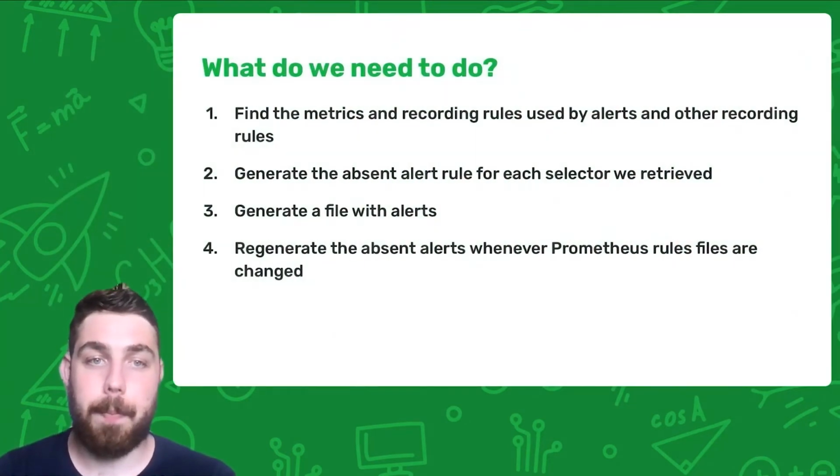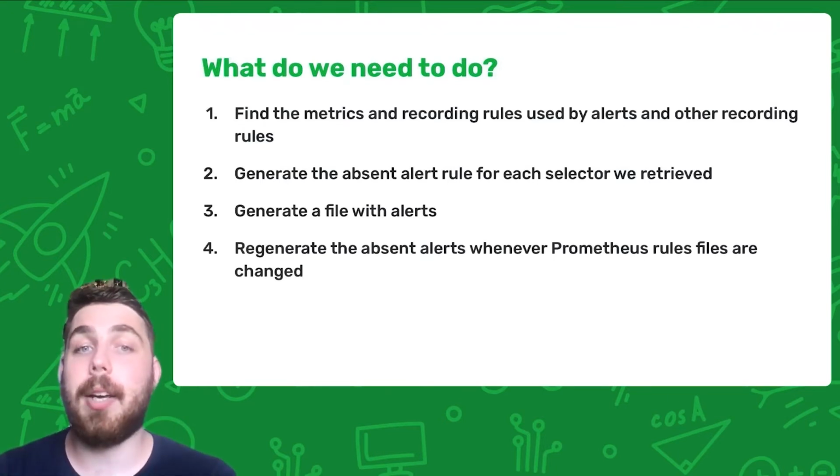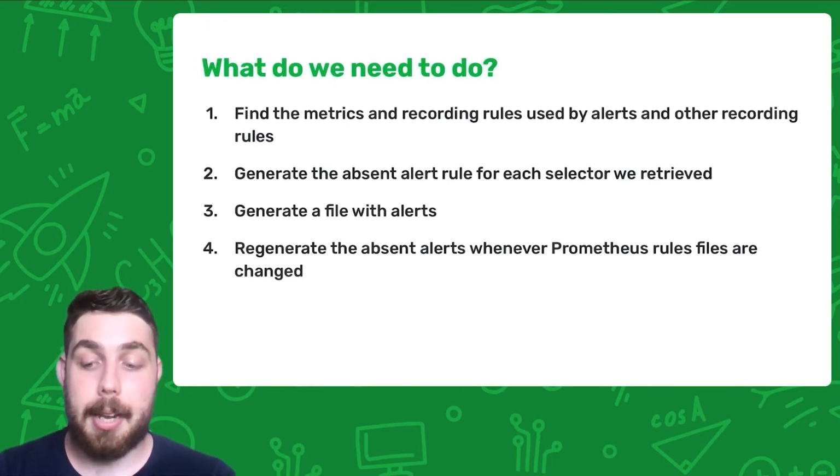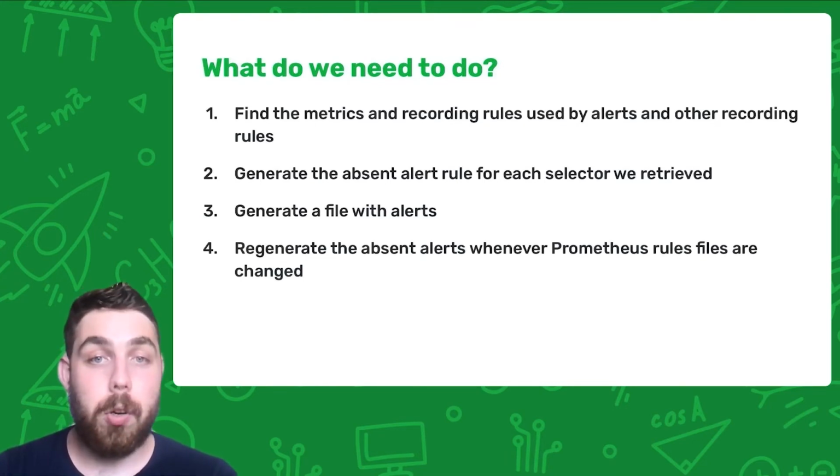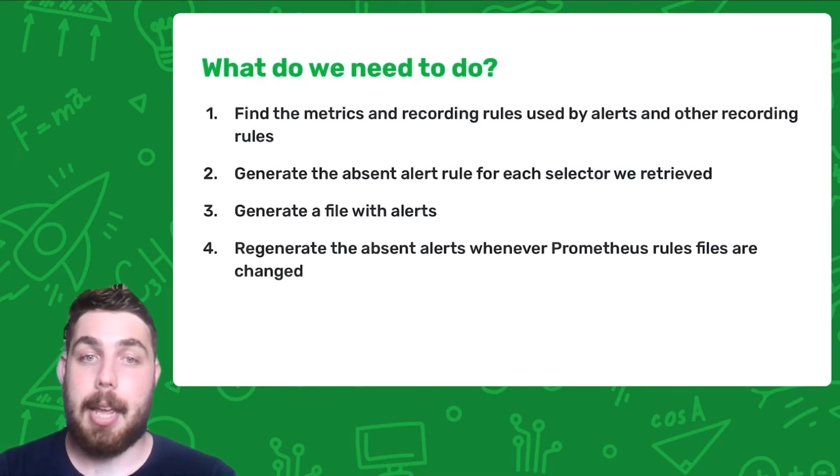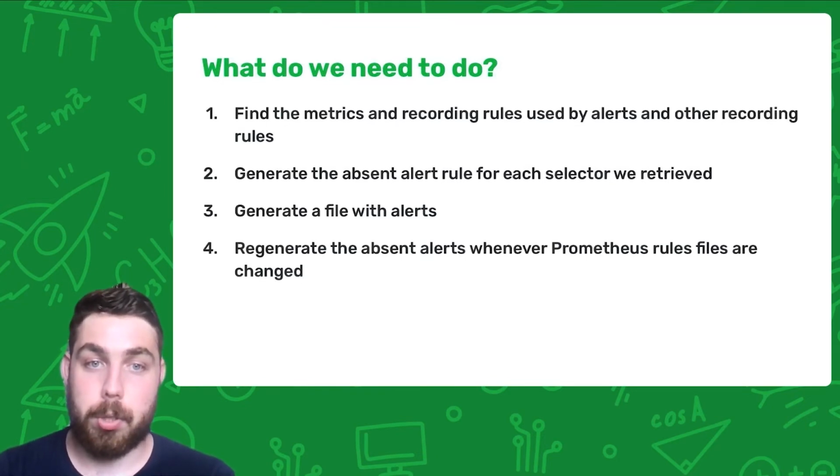So what do we need to do? First, we need to parse all those rules that we have in our YAML files. You've got alert rules, and then you also have recording rules, which look similar. They have different fields, but the key is that they share that expression field. And so for all of those rules, we're going to parse that expression field and get the selectors out. For all of the selectors, we're then going to generate some absent alert rules.